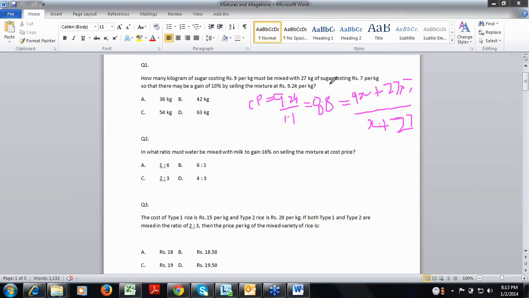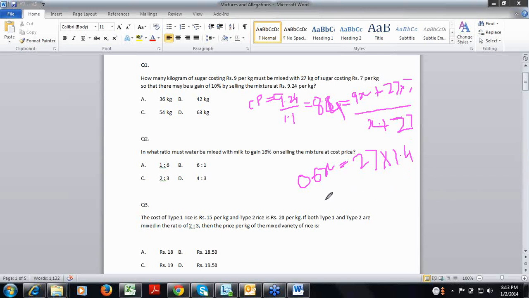So you solve this equation, see 8.4x, it's 9x, so it is 0.6x, which is equal to 27 into 8.4 minus 7, so it is 27 into 1.4.